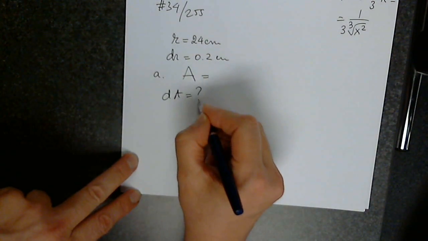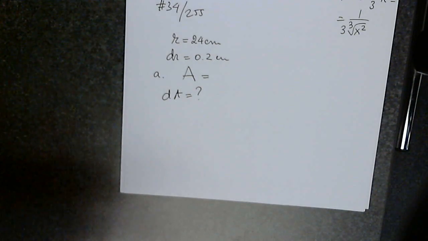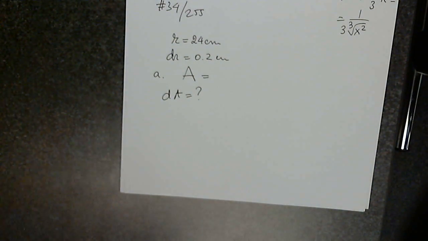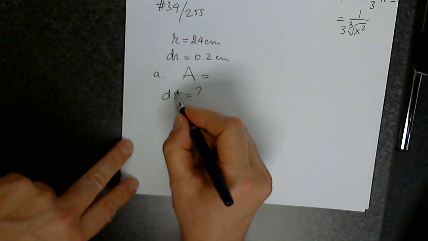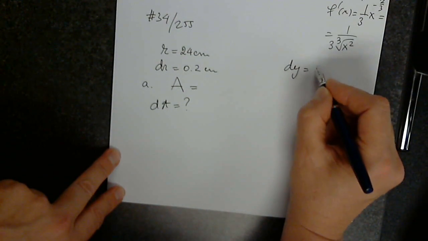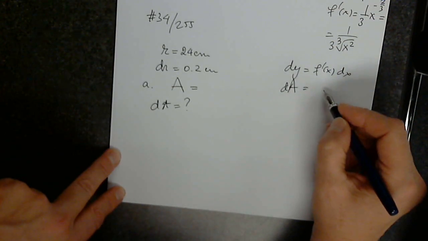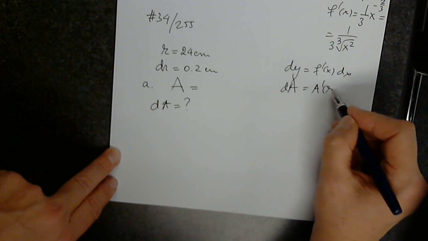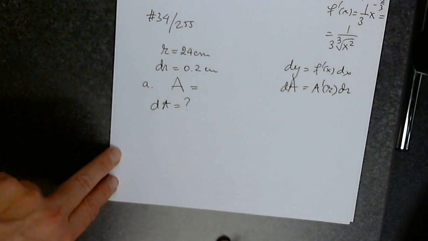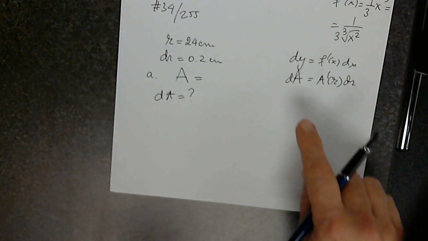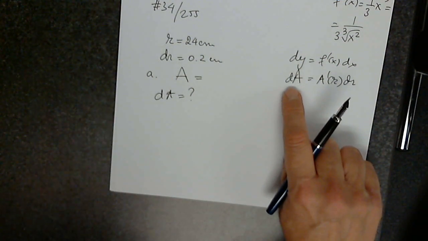This is the question. So let's start with the area. Remember, we have dy equals f prime of x dx. So I'm asked to find dA as A prime of r dr. This would be the error, the estimated error.